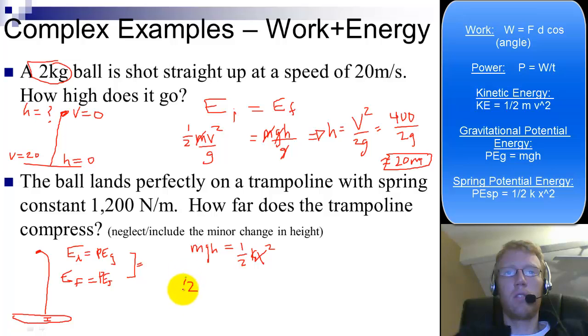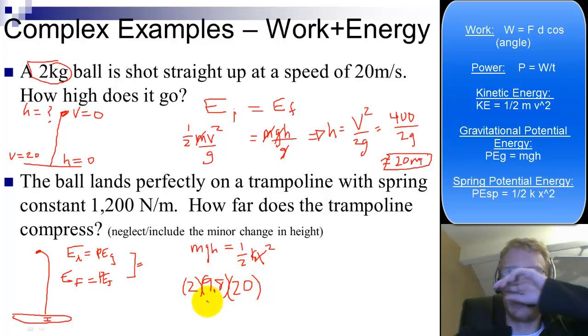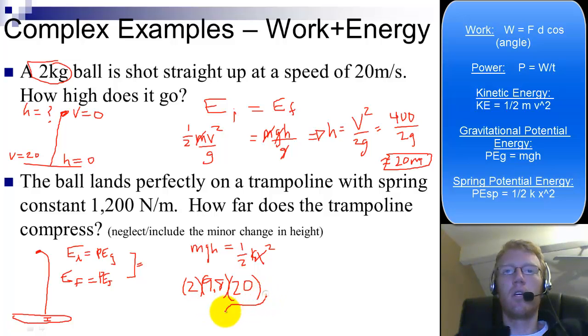So 2 kilograms times gravity, 9.8, times height, which we said was around 20. So this whole product here should be, what, 400? Yeah, 400. Because this value was not quite 20. There's a little bit more than 20. Again, coming from right there. Equals 1/2 kx squared.